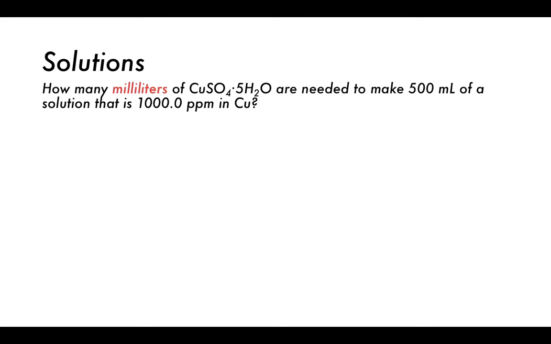So this finally brings us on to our final part, where we're going to be using that relationship that we looked at earlier to determine the number of milliliters of the concentrated 10,000 ppm copper sulfate solution that are going to be needed to make the 500 milliliters of the dilute 1,000 ppm copper solution.